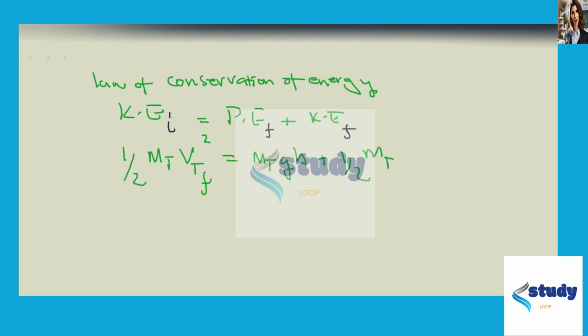Actually, this is Vt initial. This one right here should be the initial velocity, and this is the final.